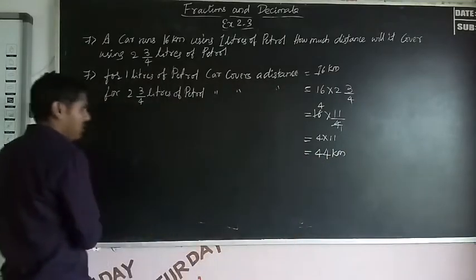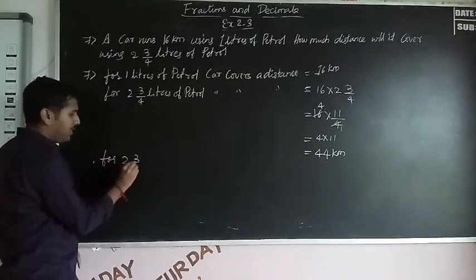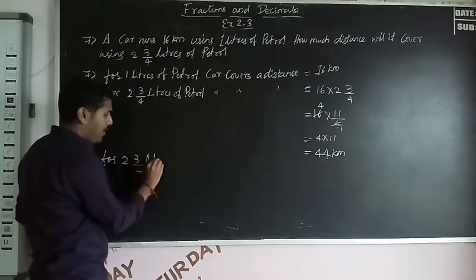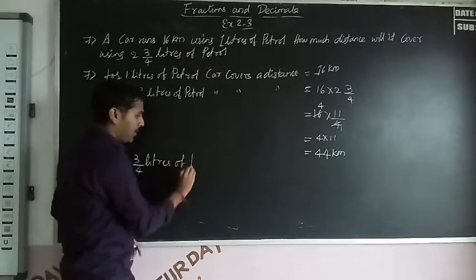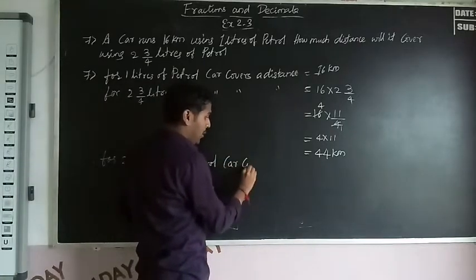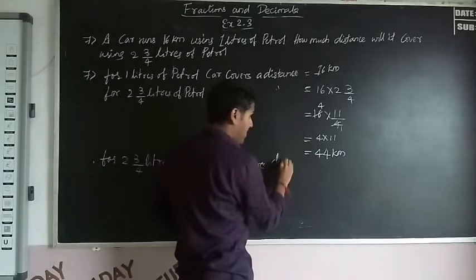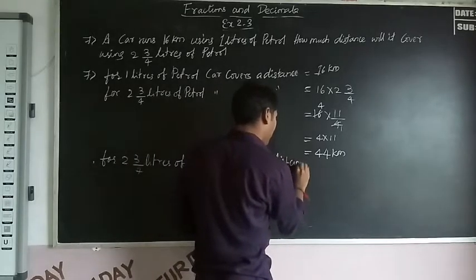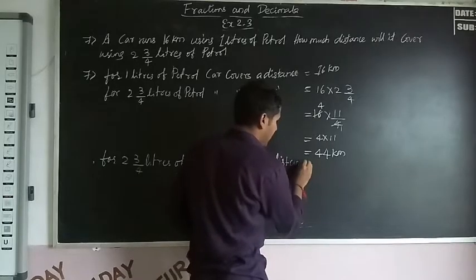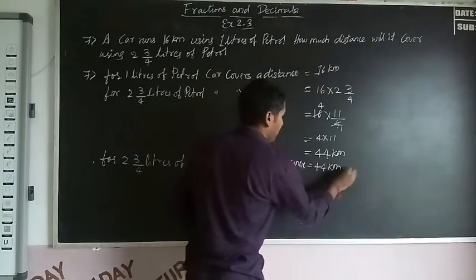Therefore, for 2 integer 3 by 4 liters of petrol, the car covers the distance equals to 44 kilometer.